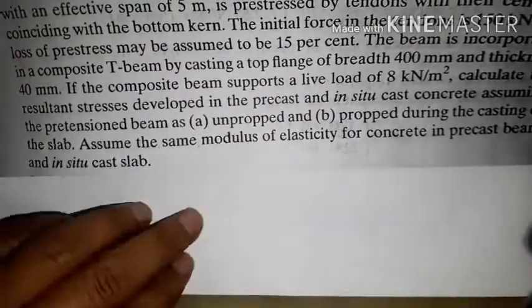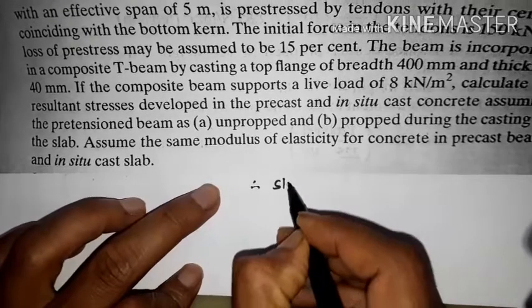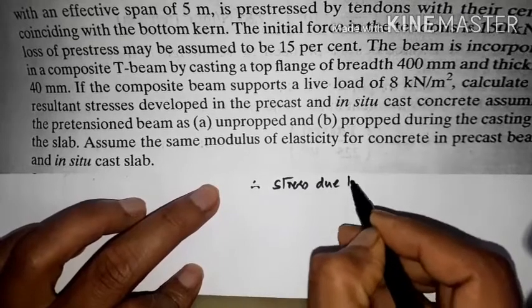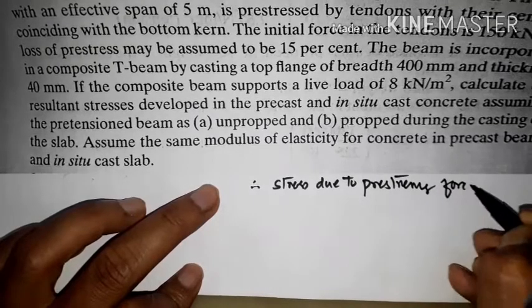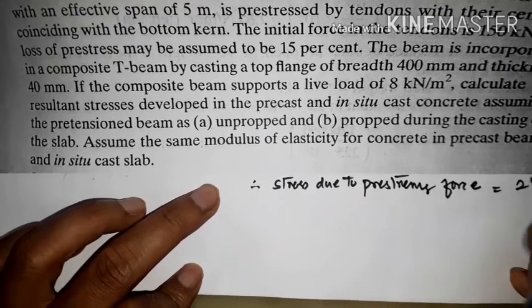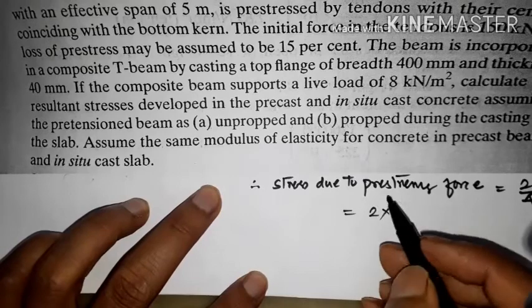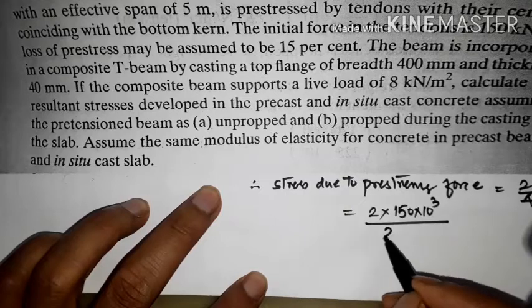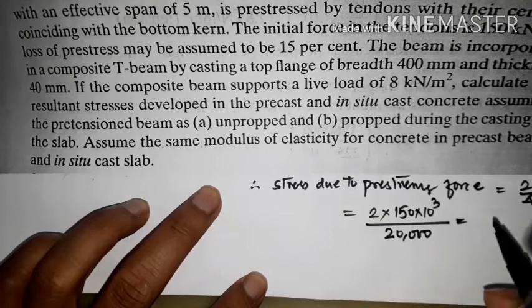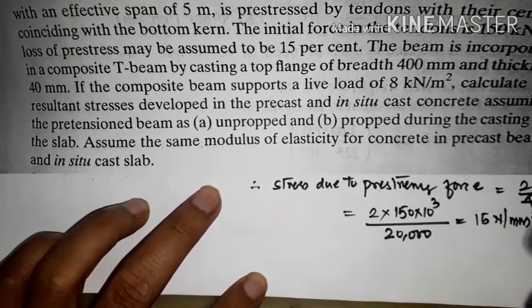The stress due to prestressing force is P by A. So we get 150 into 10 to the 3 divided by the area, 20,000, and we get this as 15 Newton per mm square.